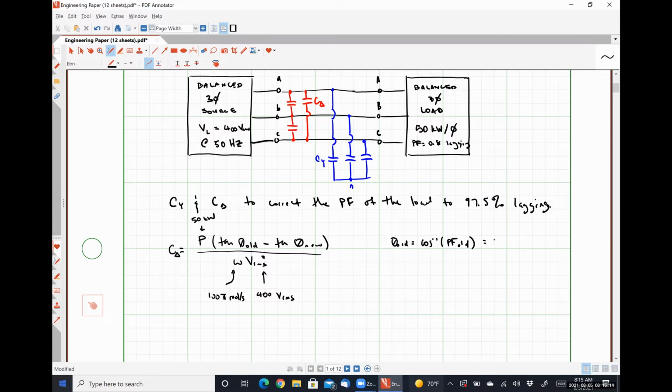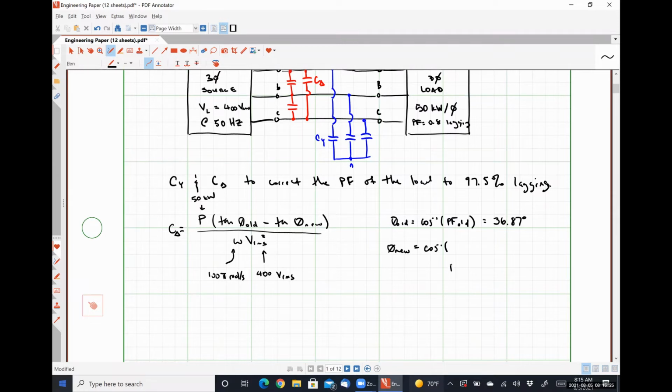Yep, 36.87 degrees. Theta new is going to be the inverse cosine of the new power factor, so inverse cosine of 0.975, or 12.838 degrees.